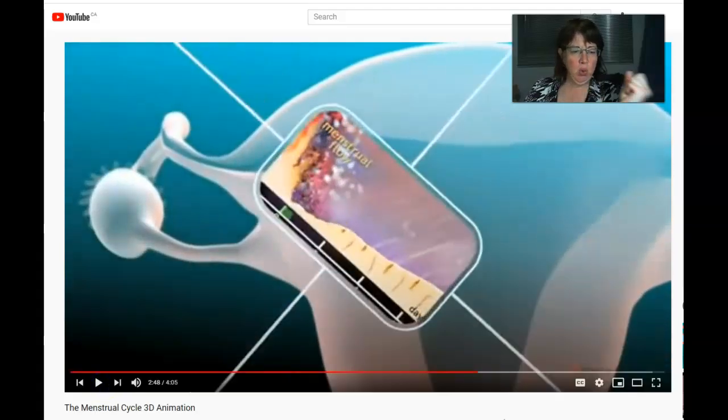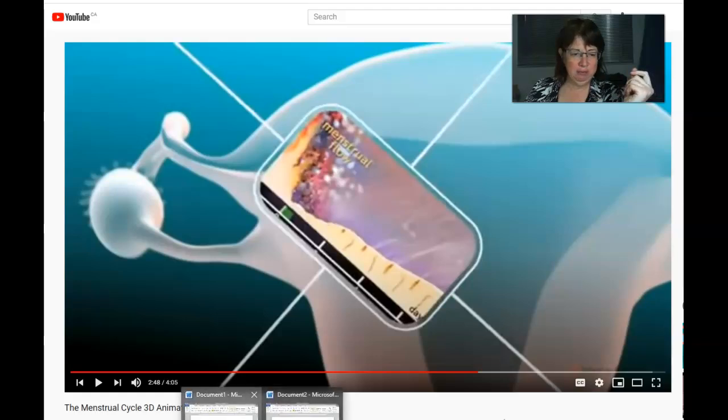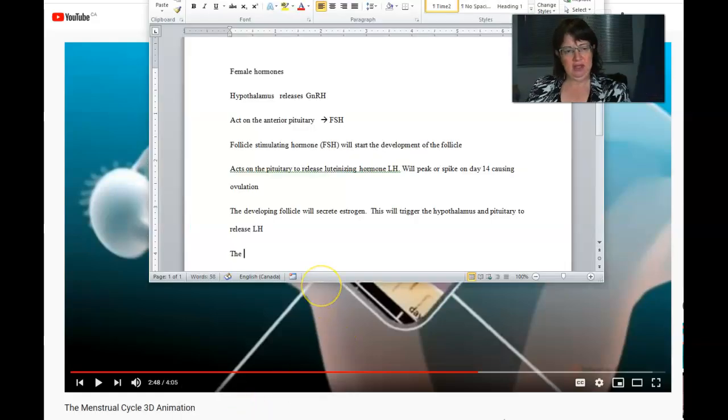Okay, so with the release of the ovum, this results in the remaining tissue developing into the corpus luteum.